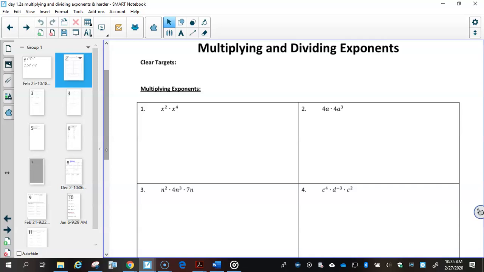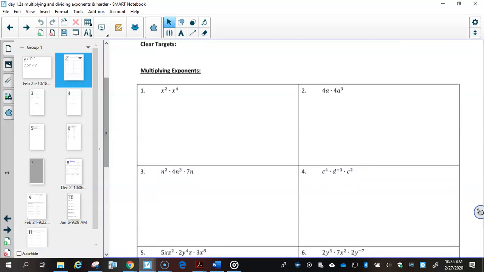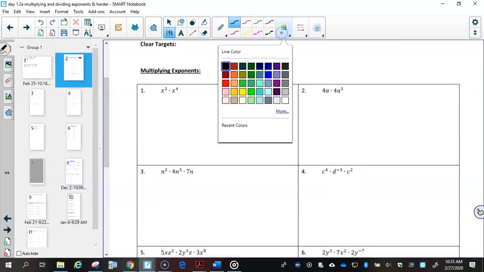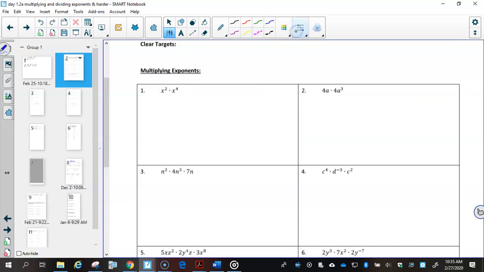Alright, so we're going to go back to when we were expanding these, writing them out. You have a question. How would I expand x squared? X times x. How would I expand x to the fourth?